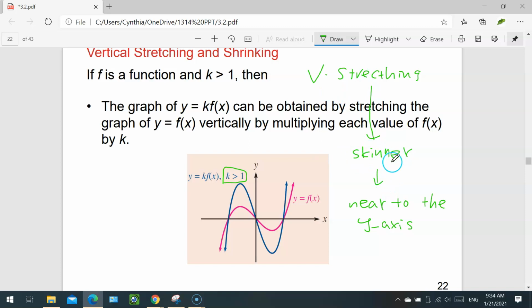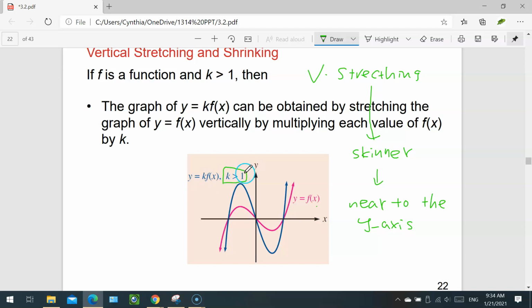If you look at the graph here, the red line is the parent function f of x. The blue is the translated function. It has a k multiplied with the f of x. And keep in mind, your k must be greater than 1.